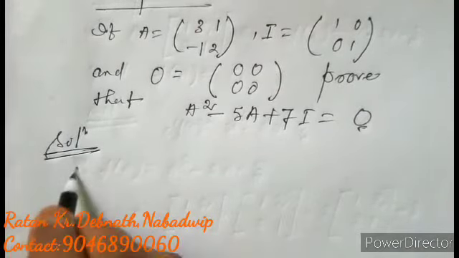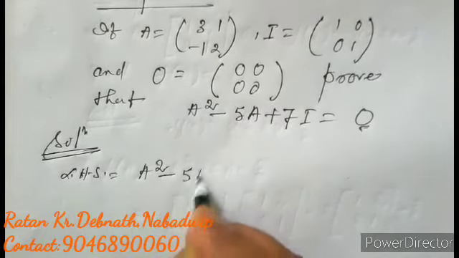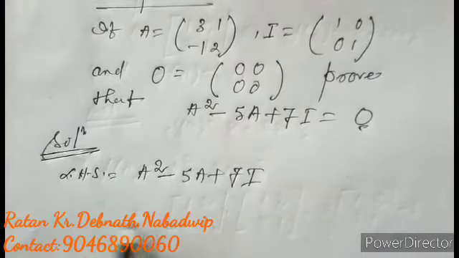Solution: LHS, A square minus 5A plus 7I.